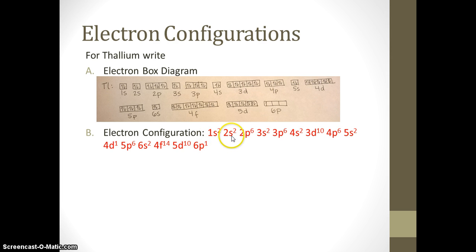So 1s2, 2s2, 2p6, 3s2, 3p6, 4s2, then 3d10. So please don't move the 3d10 here. It goes after 4s2, okay? Then we have 4p6, then we have 5s2, then 4d10. So again, this comes after 5s2. It doesn't go before, okay? So please don't write it here.